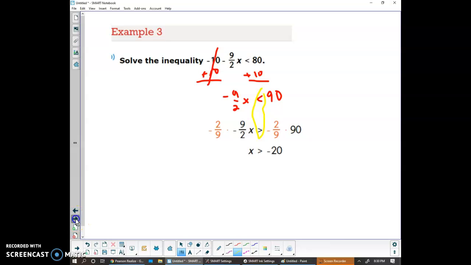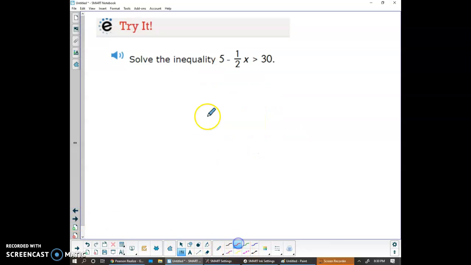Let's look at another one kind of similar to this one. Same idea. This time, though, you have a positive 5. To get rid of a positive 5, you need to subtract 5. So we're subtracting 5 from both sides, bringing down what we have left on the left side, which is negative a half x, and it's greater than 25.